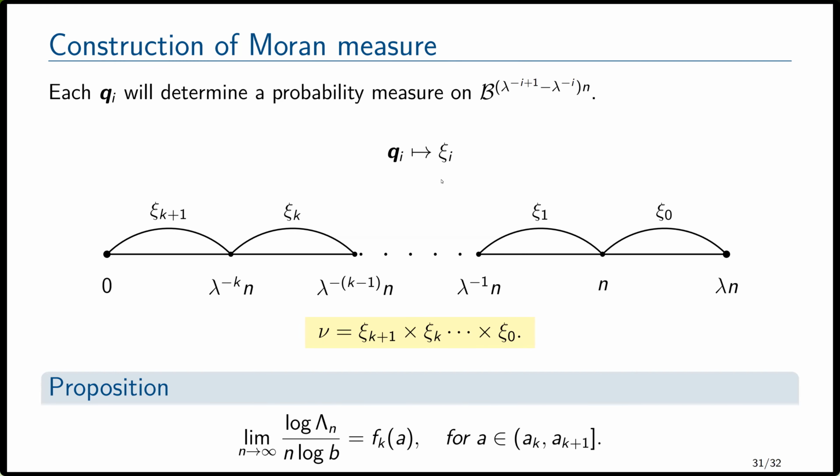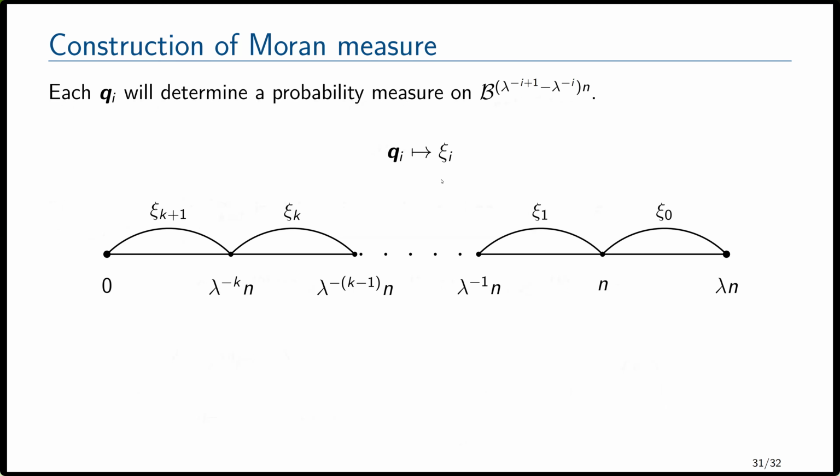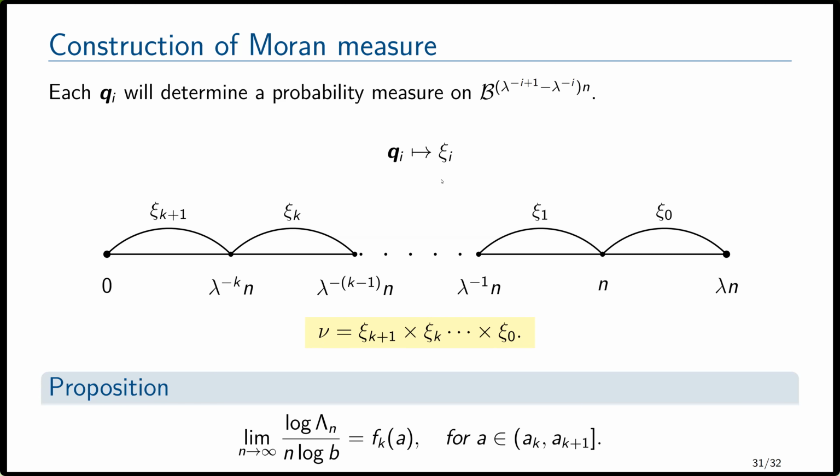If A is in that interval, then the measure with such a probability vector is okay. But if A is in a different interval, we consider a different probability vector, and then we construct a different product measure, and then we can estimate.